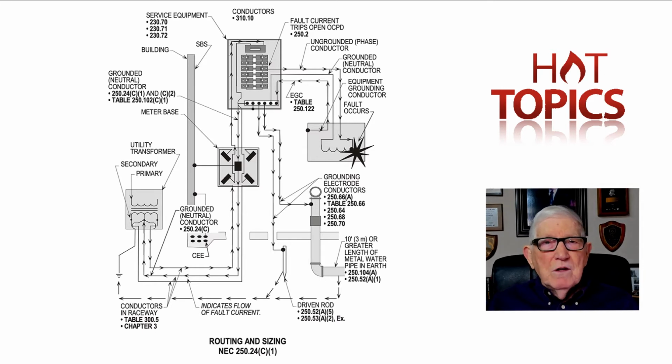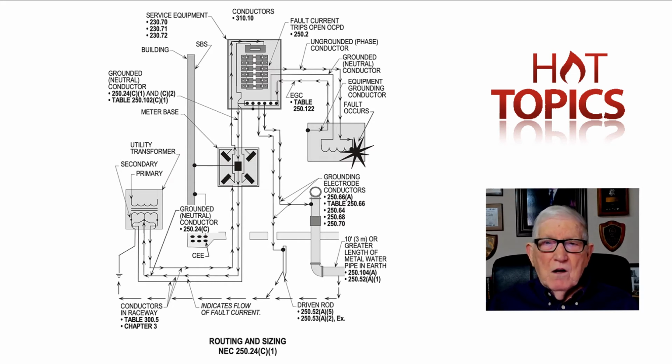IEEE and the engineers said, why are you sending us to table 250.66 to make sure this grounded conductor is large enough to serve as fault current when table 250.66 just deals with grounding electrode conductors? So that's why this table was created.